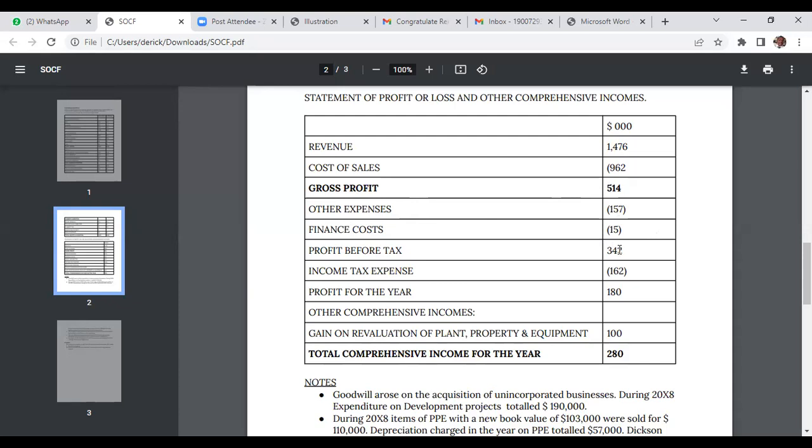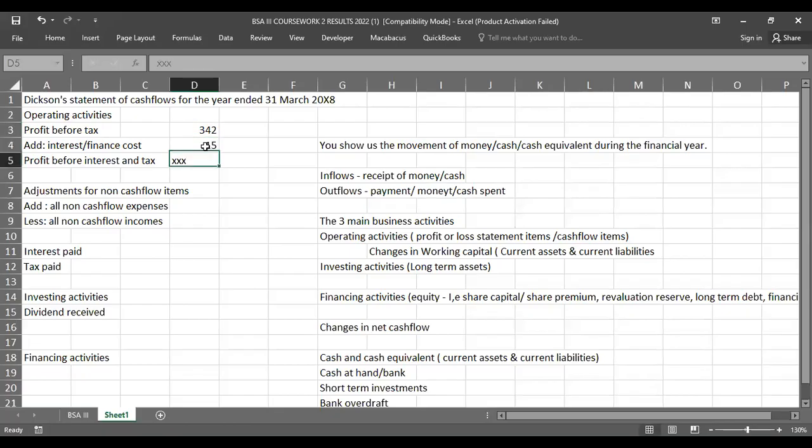But since we're starting from this side, you already removed interest costs. You put them back so that you have a figure without them. That's why you add 15. I hope that makes sense. So we add 15 so that now officially you have profit before interest and tax of 354.